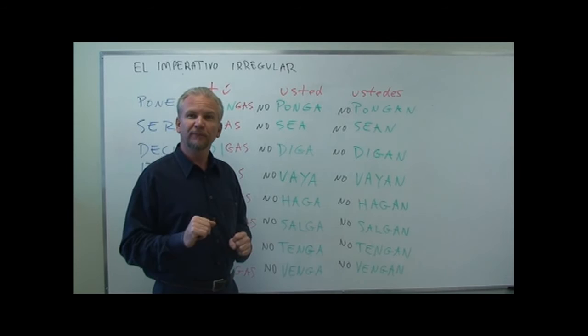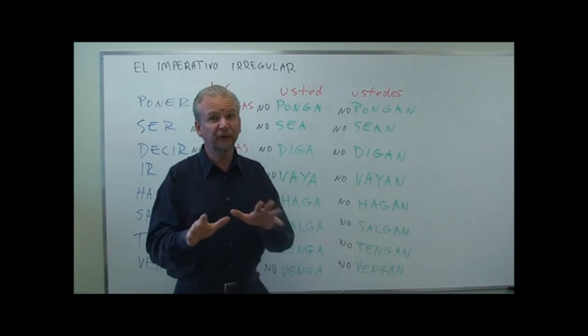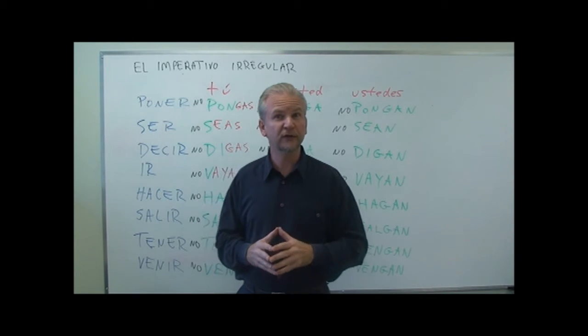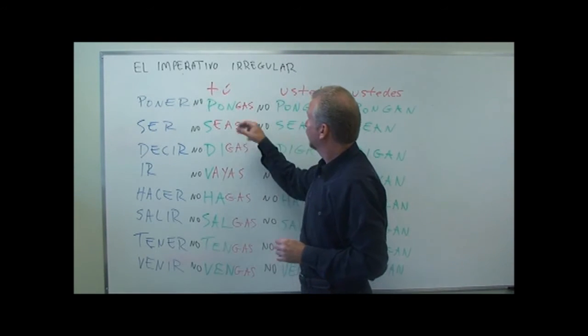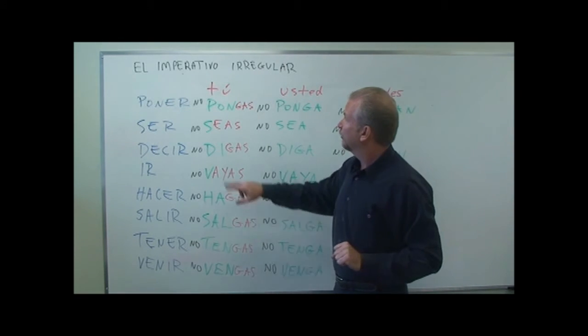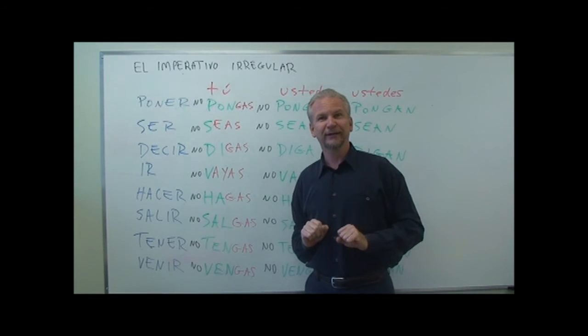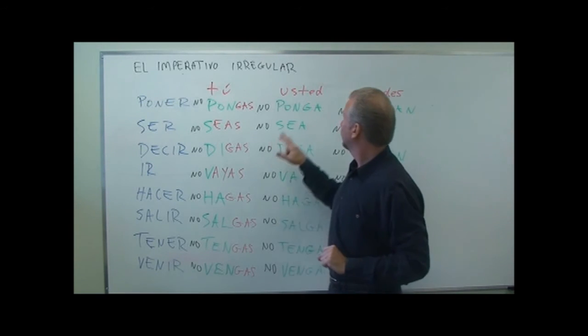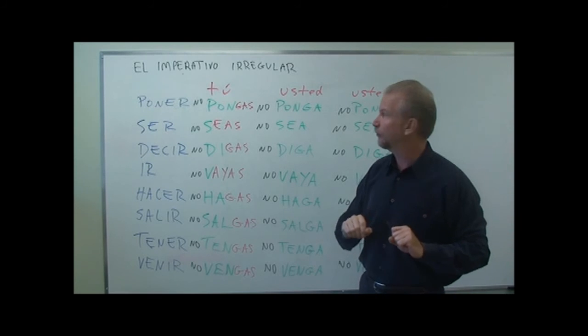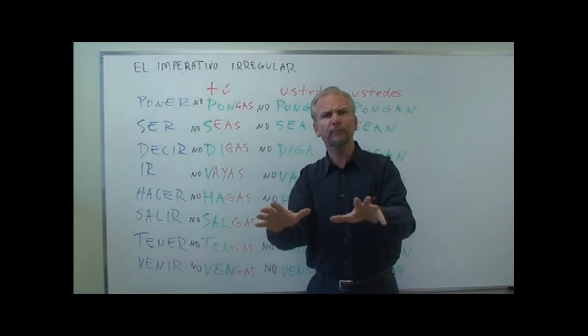The tú forms, though, interestingly enough, reflect in the negative the same structure as usted and ustedes. We just add the s. So where it was pon, to put, in the positive, we would say no pongas in the negative, don't put. Using the same form of ponga as usted and ustedes, adding the s. No seas, don't be.